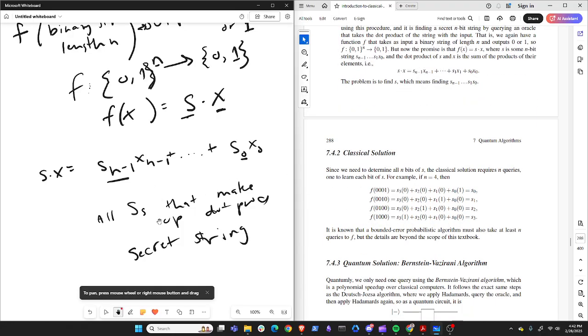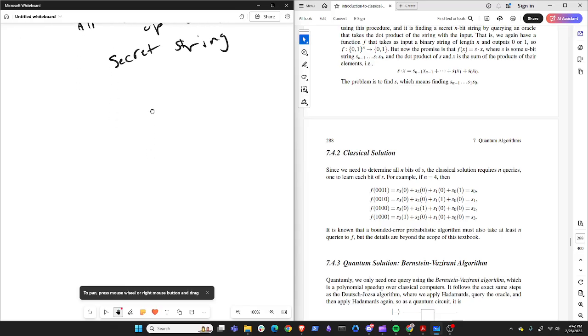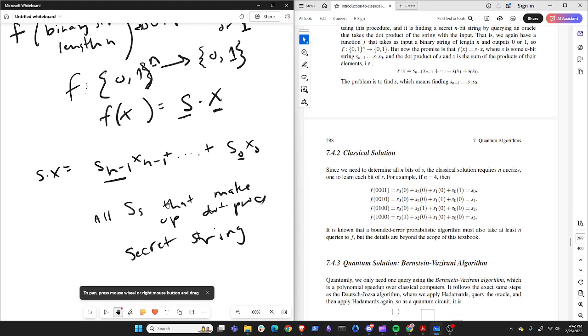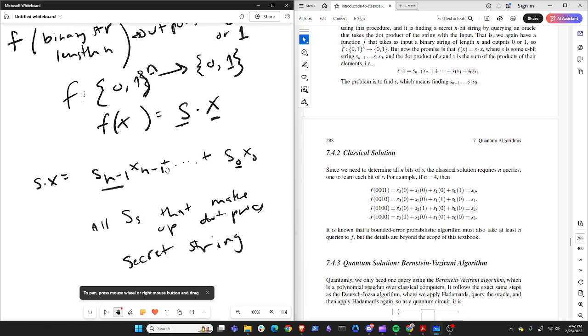So in the classical solution, s is the binary string of length n, the secret string that we don't know. The x is going to be our inputs, our qubit inputs into our oracle.